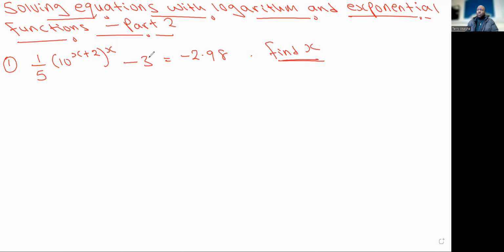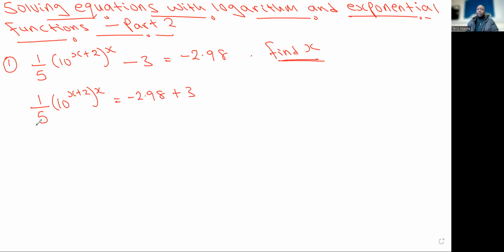So the first thing I'm going to do, I'm going to take 3 to this side. So we're going to have 1 over 5, 10x plus 2 all raised to power x is equal to minus 2.98 plus what? 3.